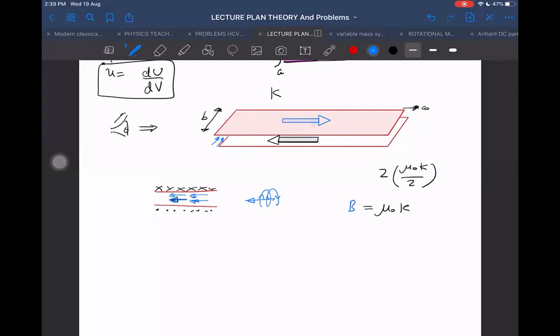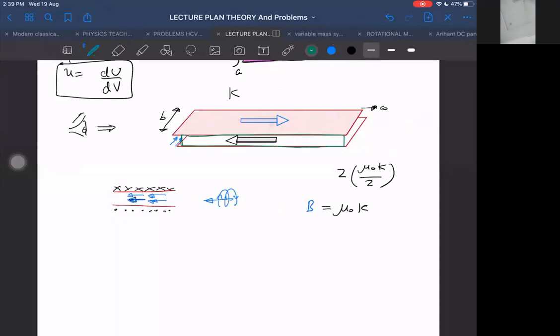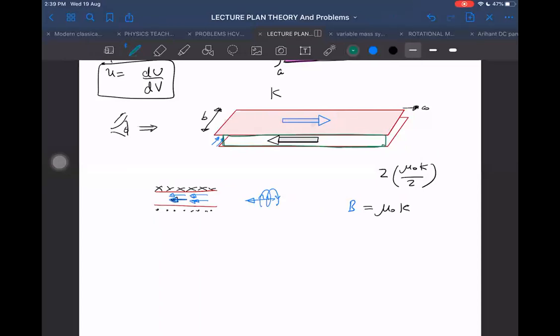So let me choose the area with a different color here. I can choose an area maybe like this, and it is perpendicular to the magnetic field direction. In this green colored area, I take the area up to length L, although it is infinite, but I have to take up to length L only. And for its width, the gap between these, I have to mention something, otherwise we cannot answer.